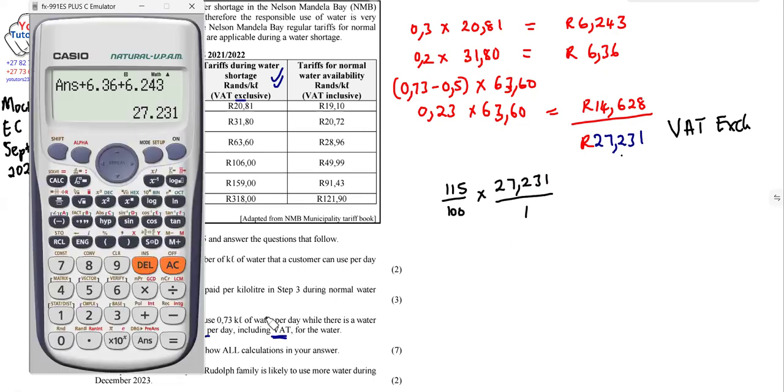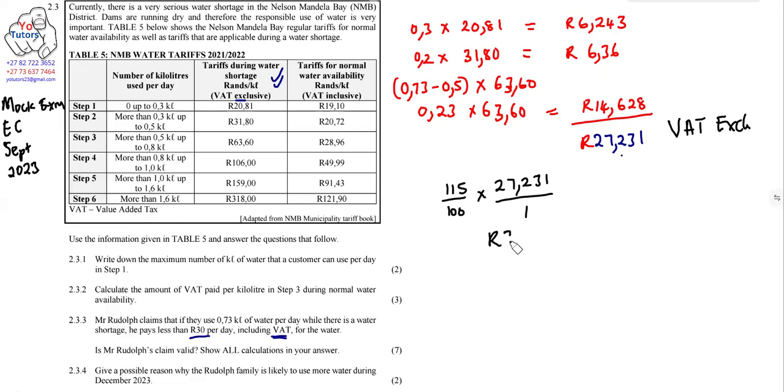So if we say this amount that we get here times 115 over 100, that's what we get. We get 31.32. So 31 rand 32 cents is going to be paid.